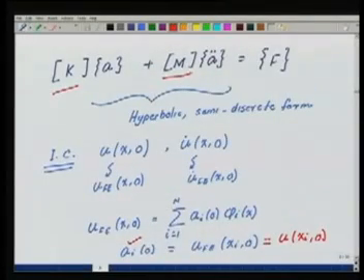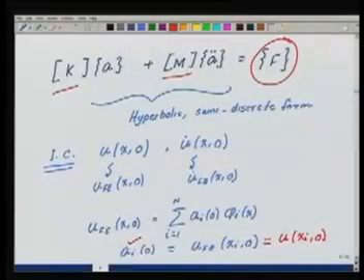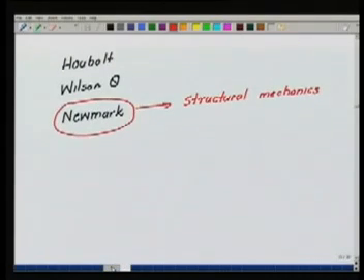So it should have an oscillatory behavior in time if f is 0. If f is non-zero, we will have one part which is the standard homogeneous solution, and the other part which comes due to f, the forced part of the solution. This is something that we have to keep in mind when we are constructing the numerical solution to the system. So okay, let's go to the Newmark scheme.